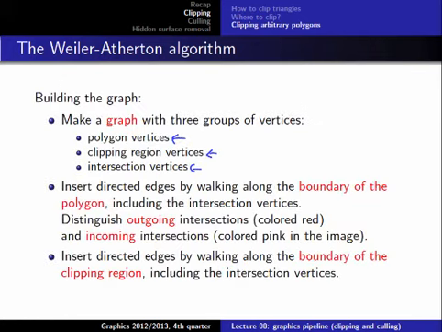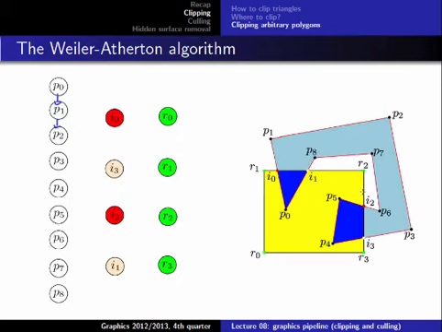And that is why, when we go along the boundary of the polygon, we include the intersection vertices. So we start again at one point, and then we walk along the borders of the polygon until we reach the end, and we include each transition to another vertex by a directed edge in the graph.